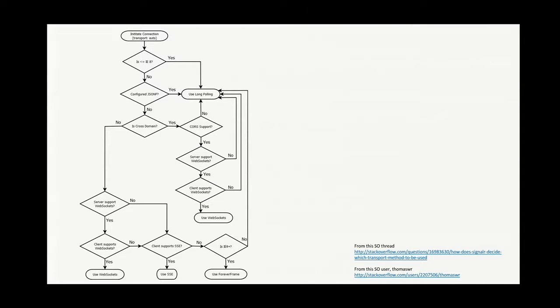You can go on GitHub and look at all of this code. If you download this deck, there are little links over here. This graphic comes from Stack Overflow. Somebody drew up a little flow chart of the process that SignalR uses to determine each individual client and their best capabilities. And then it negotiates that and links them with the pipeline.